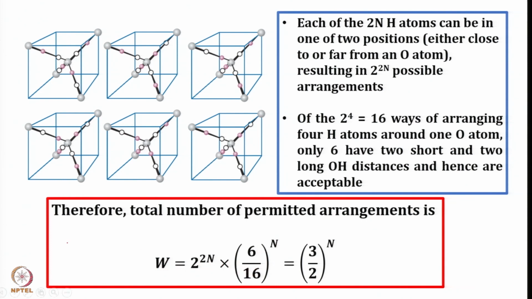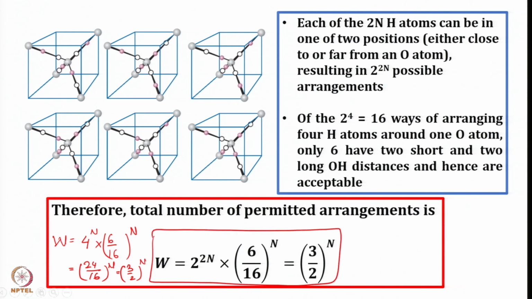W is equal to 2 raised to the power 2, I will write 4, raised to the power n, into 6 by 16 raised to the power n, which is 4 into 6, 24 by 16 raised to the power n, which is 3 by 2 raised to the power n. So W is equal to (3/2) raised to the power n.